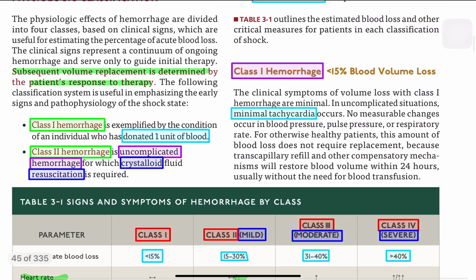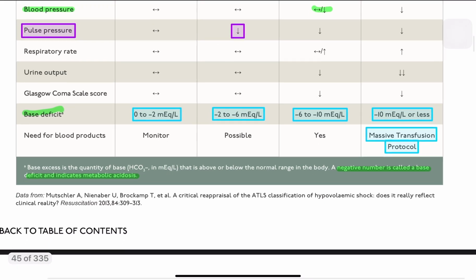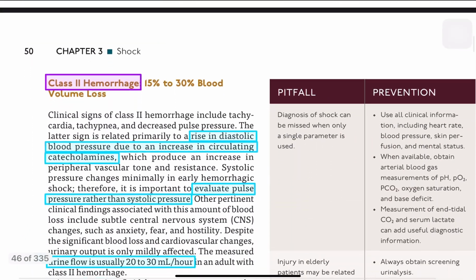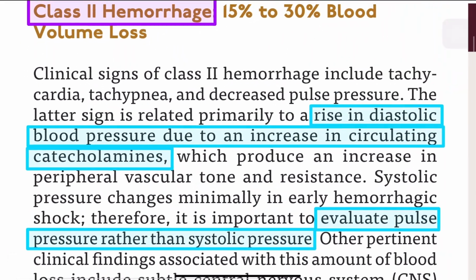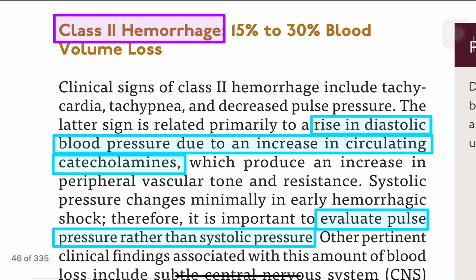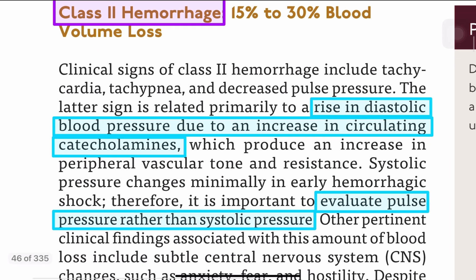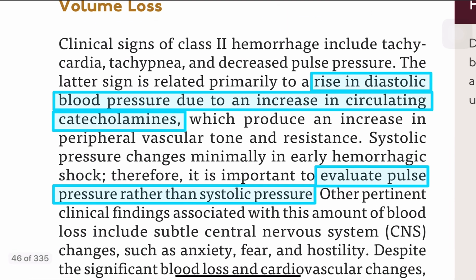Class 1 hemorrhage is less than 15% blood loss, and you will see just minimal tachycardia. Class 2 is blood loss of 15 to 30%. You will see a rise in diastolic blood pressure due to increased circulating catecholamines.